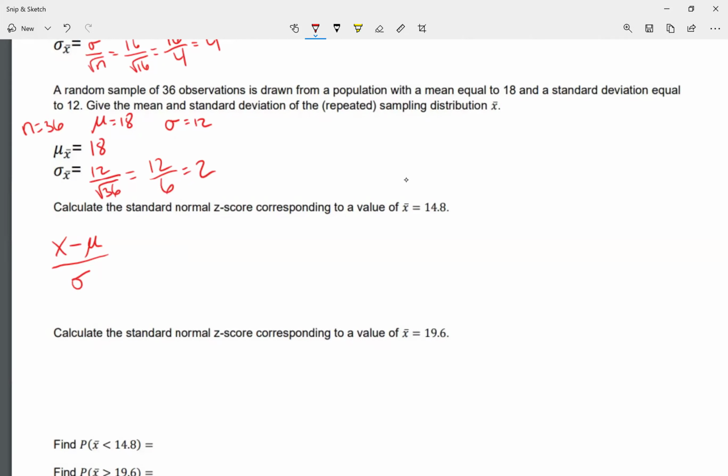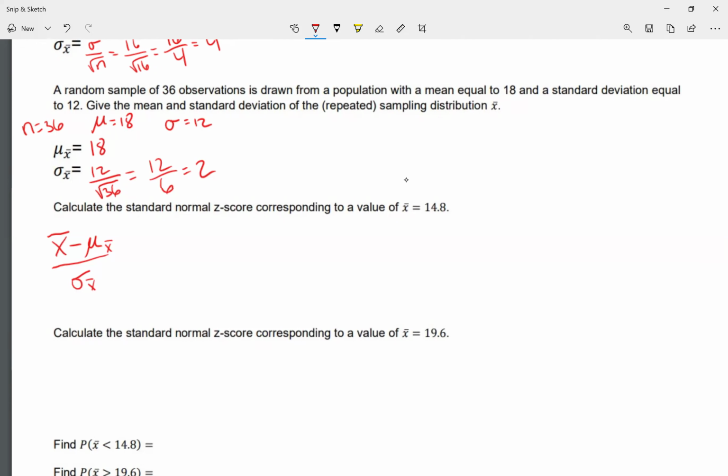Instead of just an X, we call this X bar, basically the X of my sample, and instead of a regular mu, we call this mu of X bar, which is basically the mean of my sample. And at the bottom, instead of sigma, I call it sigma of X bar, which basically means the standard deviation of my sample.